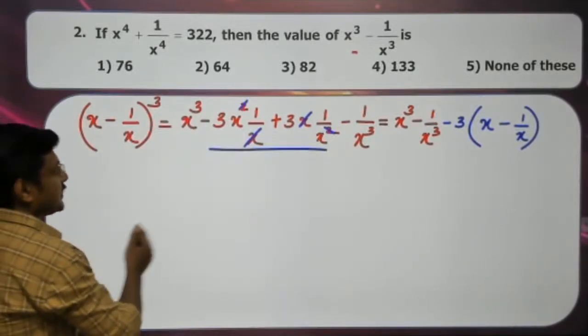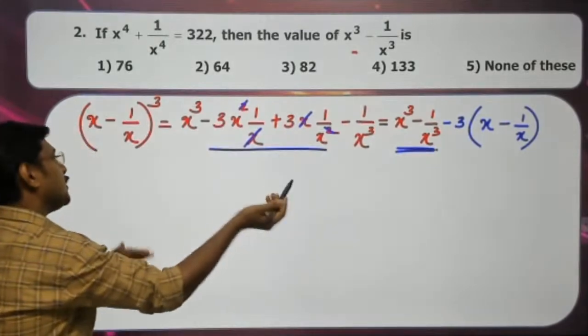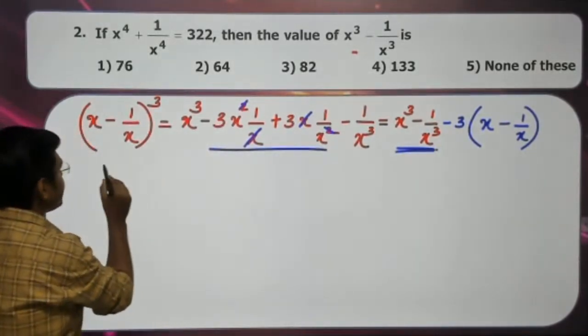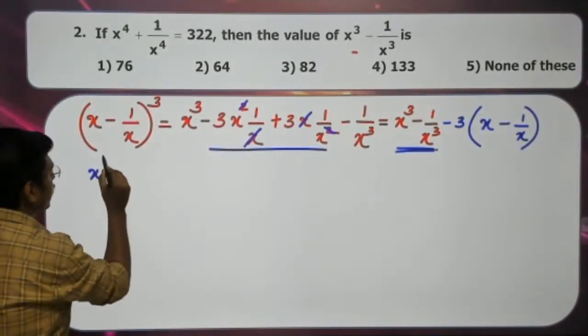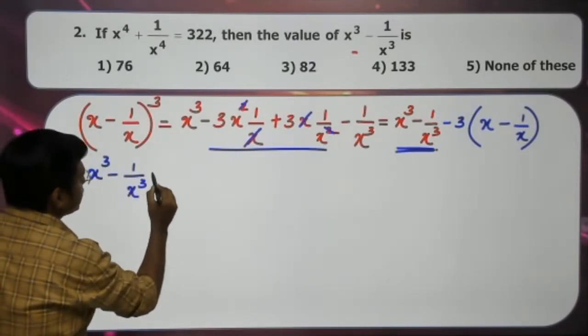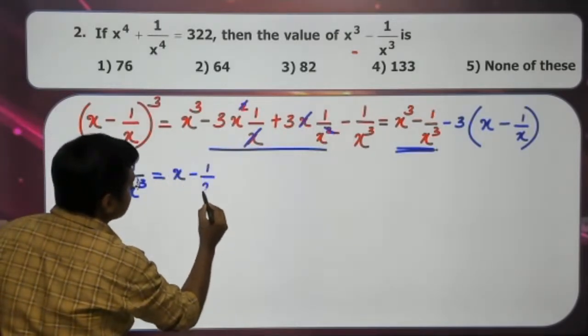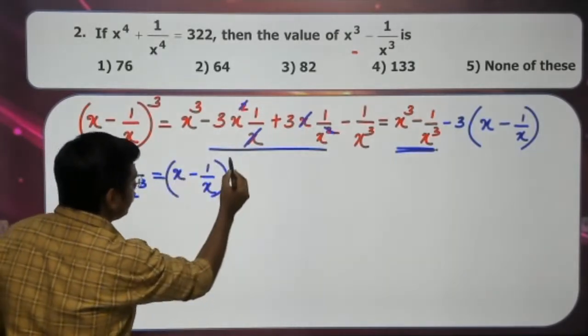Since we need to find this one, I am taking the other to the next side. So on arranging, it becomes x cube minus 1 by x cube is equal to x minus 1 by x the whole cube.